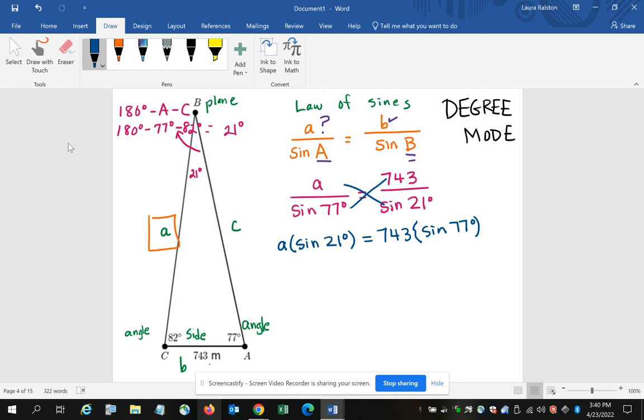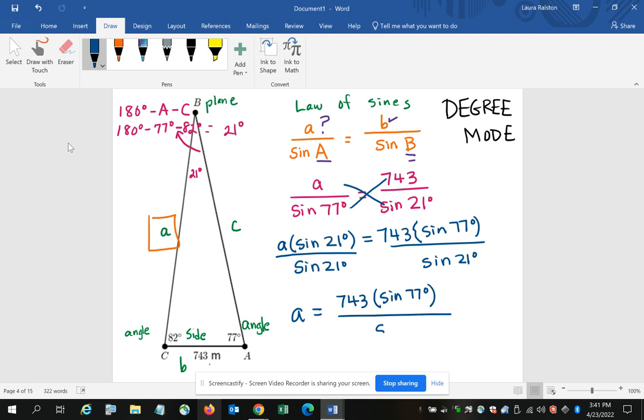Now I'm ultimately trying to solve for A, so eventually I'm going to divide by the sine of 21 degrees. So I have side A is 743 times the sine of 77 degrees divided by the sine of 21 degrees.